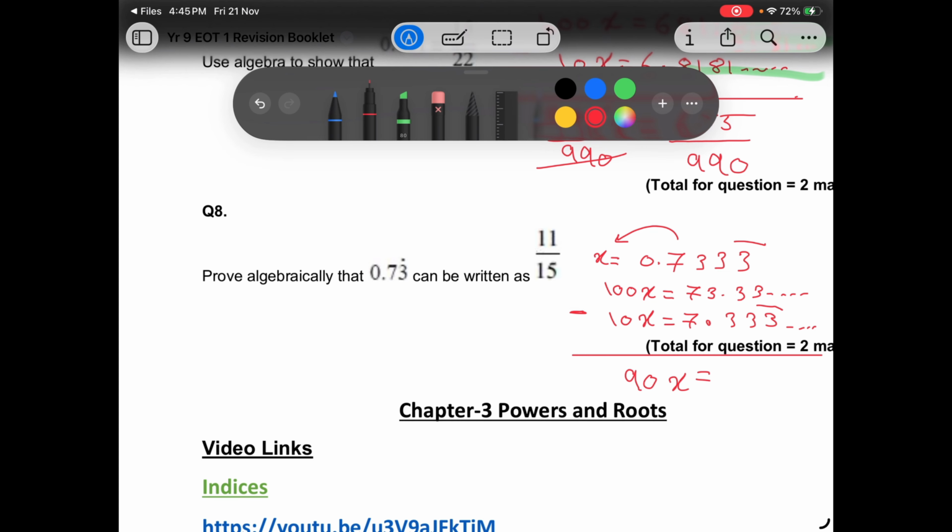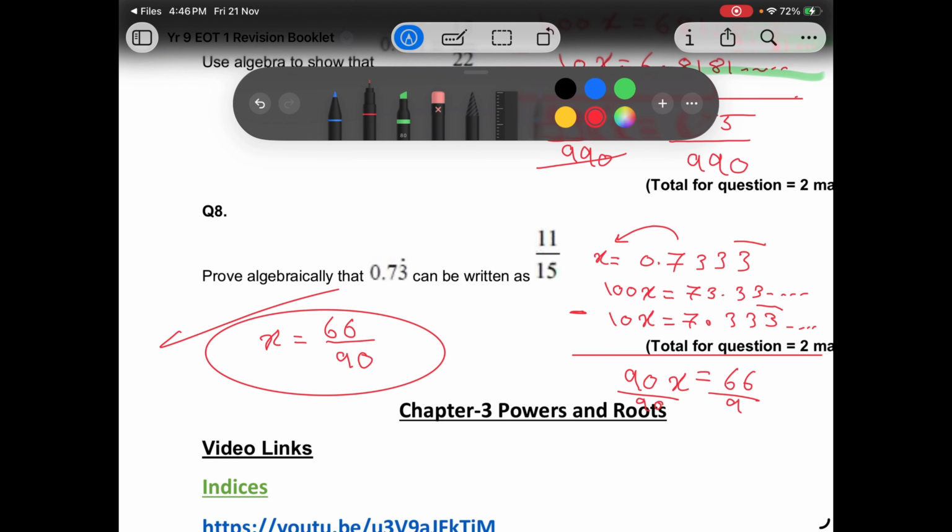Yeah, 66, sorry, 66. Then I will divide both sides by 90. Then x will be 66 over what? Over 90. So you can use a calculator, and it will show 0.7333. It will demonstrate that your solution is really correct. So this is the answer, guys.